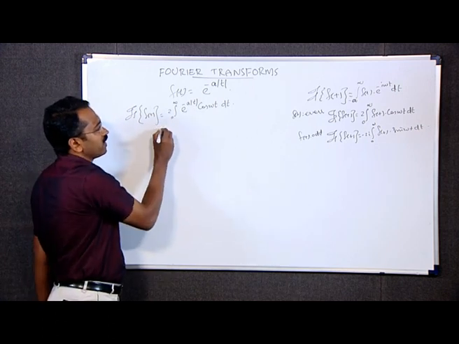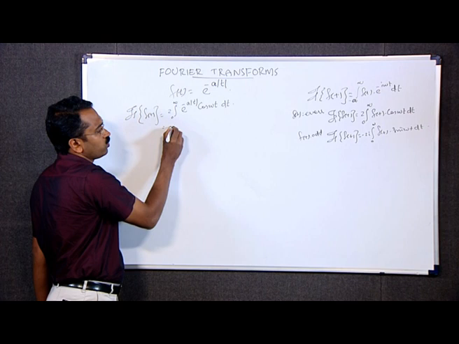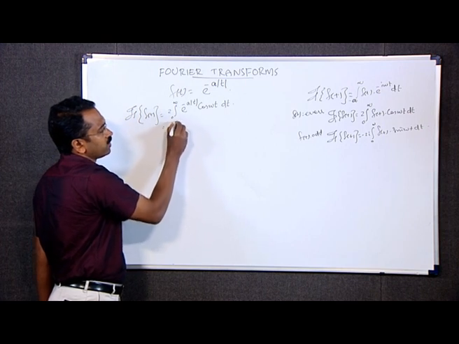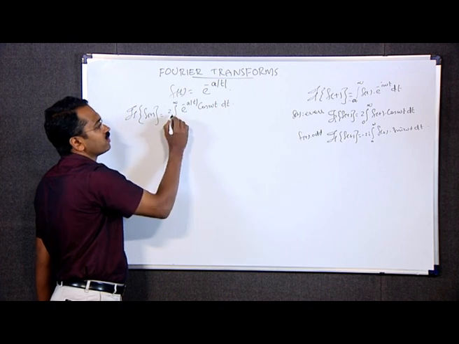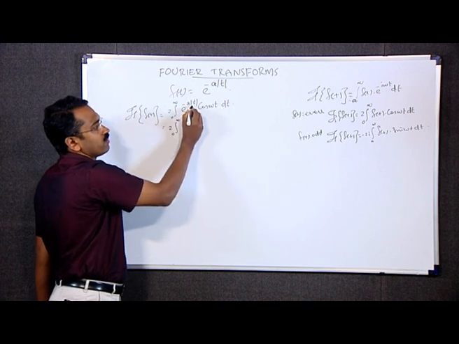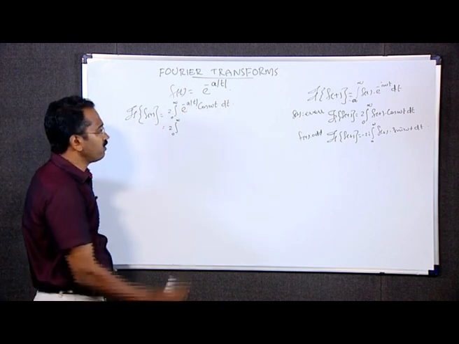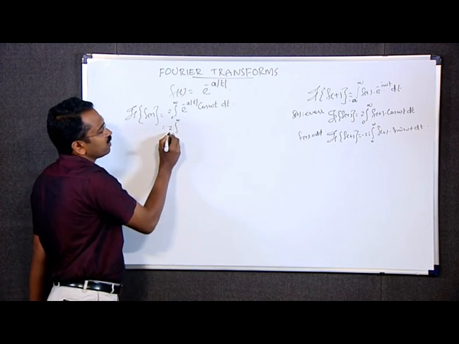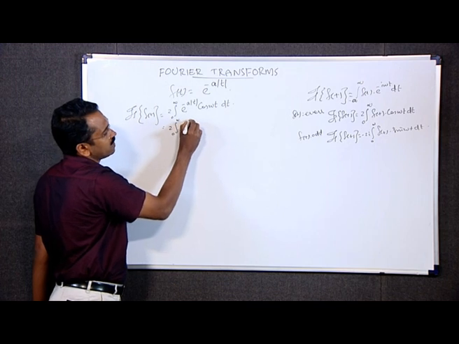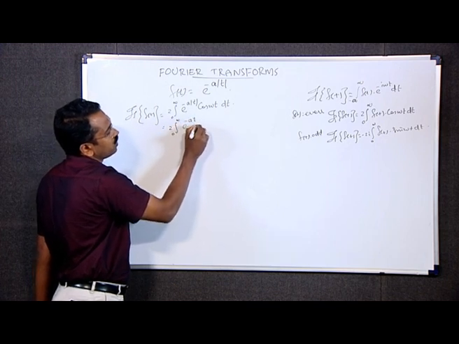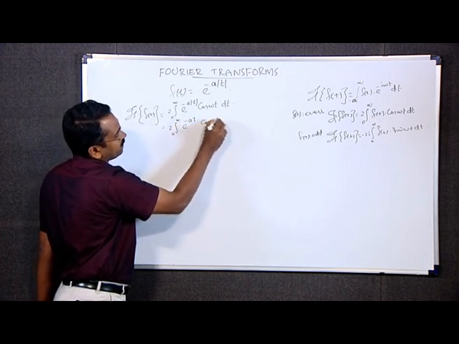Here we can write this equal to 2 into the integral from 0 to infinity. In this range, that is t is from 0 to infinity, modulus of t is t itself. Therefore, this is equal to 2 times the integral from 0 to infinity of e raised to minus a t into cos omega t dt.